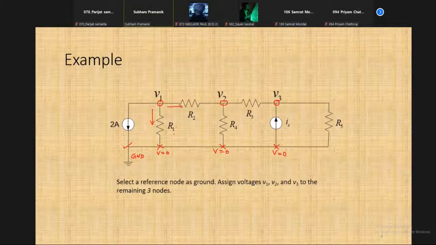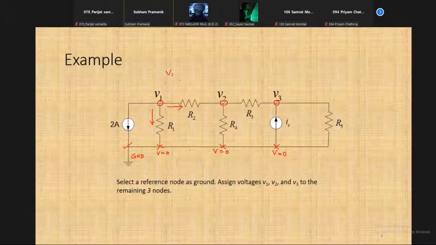So the current leaving through R1 should be V1 minus 0 by R1, or V1 by R1 simply. The current leaving from node 1 in this direction from 1 to 2 is V1 minus V2 by R2. As we have chosen the direction of current from left to right, naturally V1 must be greater than V2, so V1 minus V2 by R2 should be the current.